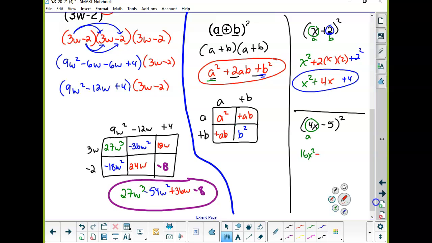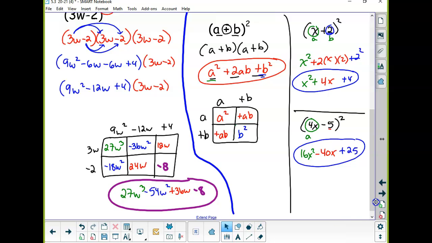And then because it's subtraction, this would be a minus 2. So I'm going to do minus 2 times A. So negative 2 times 4 is negative 8. Times 5. So negative 8 times 5 is going to be a negative 40x. Plus, what is negative 5 times negative 5? That's how this pattern can work.